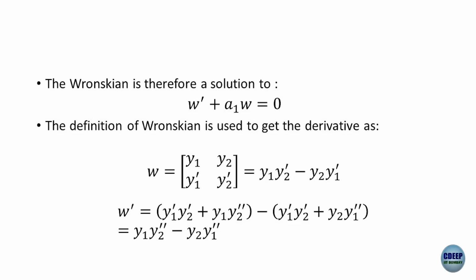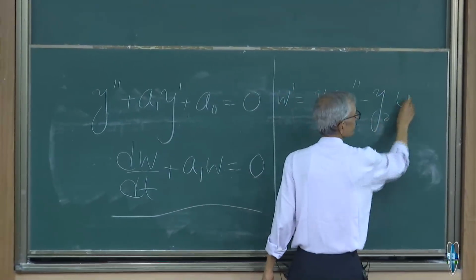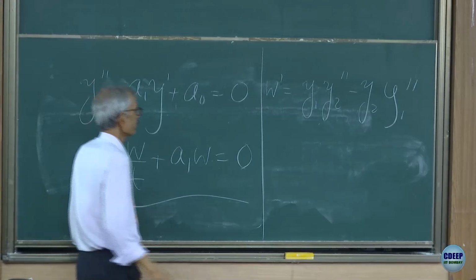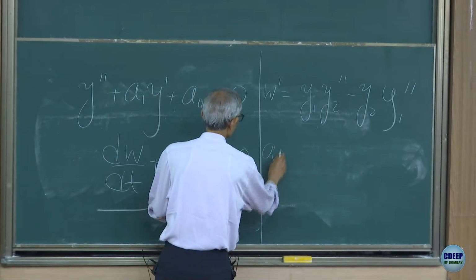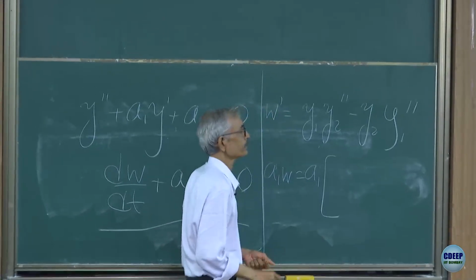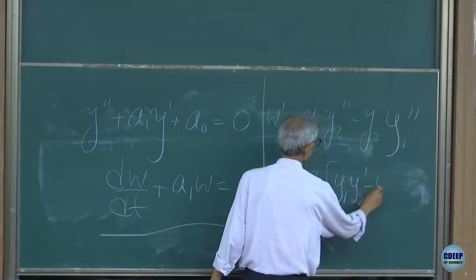So I've got w prime, which is equal to y1 y2 double prime minus y2 y1 double prime. That's this term here. And then a1 times w is a1 times the Wronskian, y1 y2 prime minus y2 y1 prime.